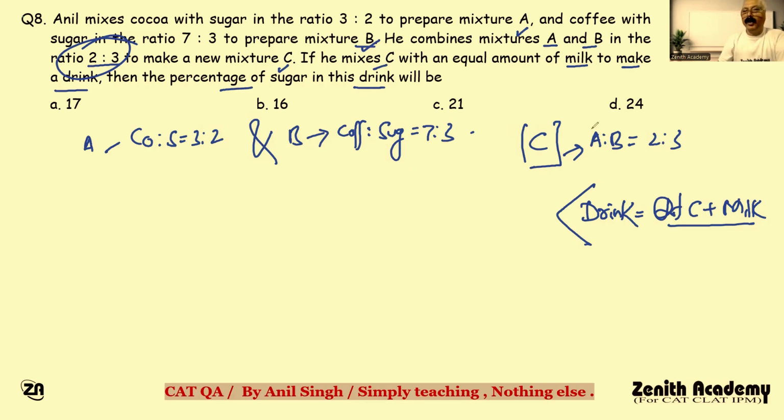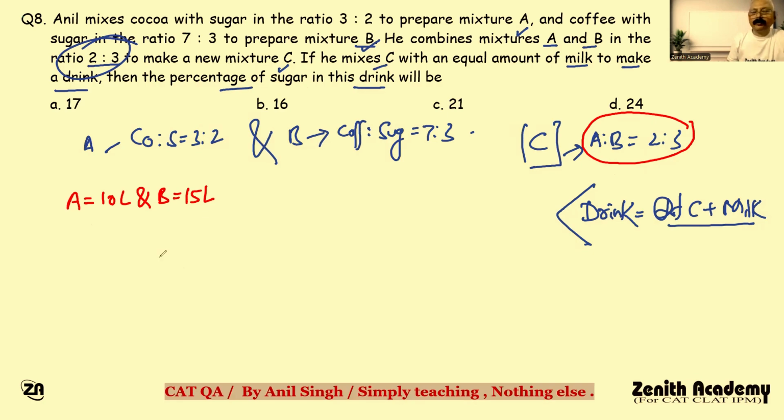Here it is given that mixture C is a mixture of A and B in a ratio 2:3. The percentage is a kind of a ratio, so let us assume A is 10 liters and B is 15 liters.